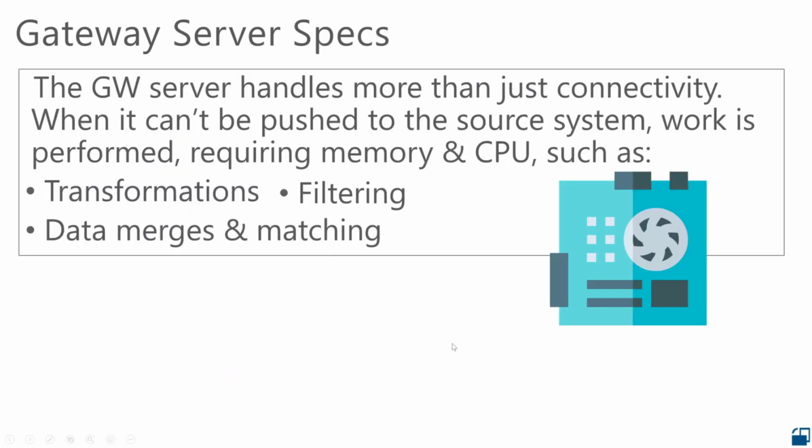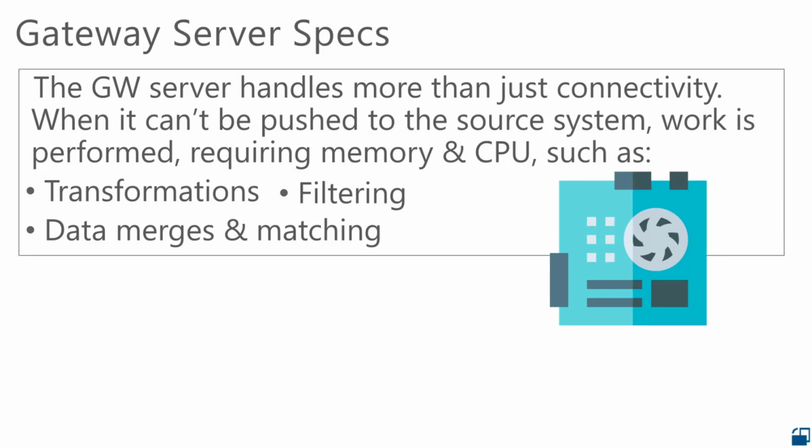In terms of specs, one thing that I did not initially know some time ago was that the gateway does more than just connectivity. Connectivity is really important to reach that data source, but when the work cannot be done by the source system, that is folding, query folding and all that kind of thing, sometimes the work needs to be done on the gateway server.